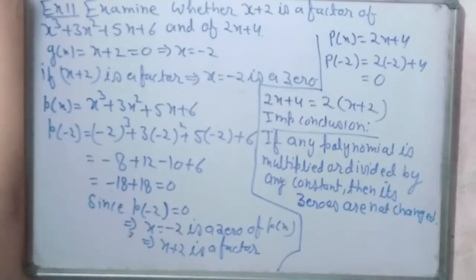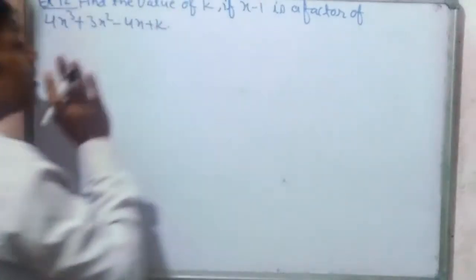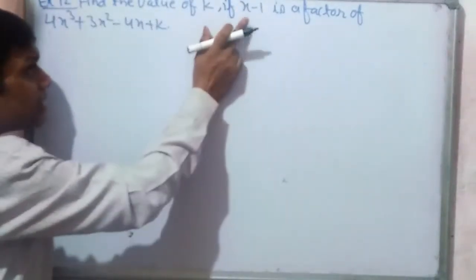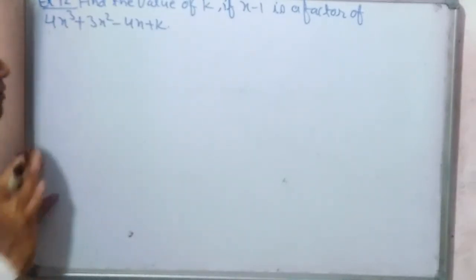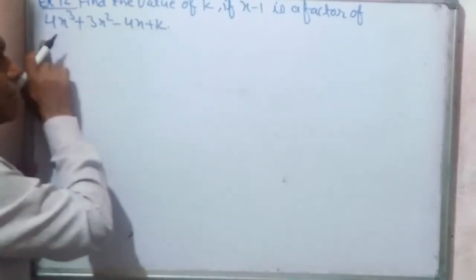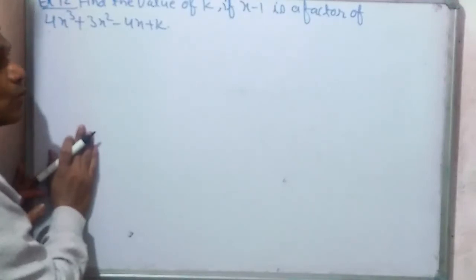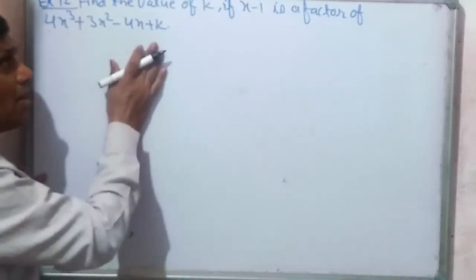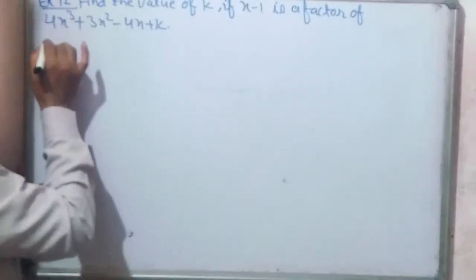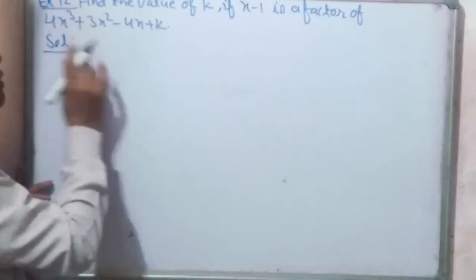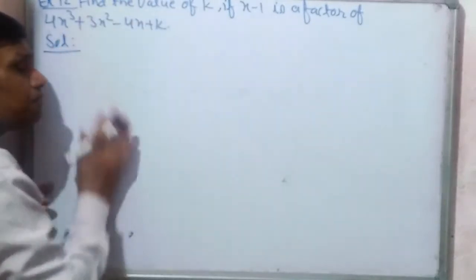So dear students, example number 12 is: find the value of k if x minus 1 is a factor of this polynomial. In this polynomial, we could have k in any of the terms. Simple. We have to find the value of k. In the solution, whatever the factor is, from that we will find its 0.